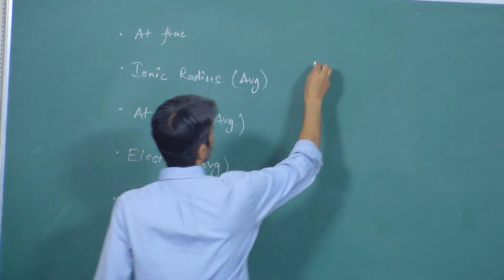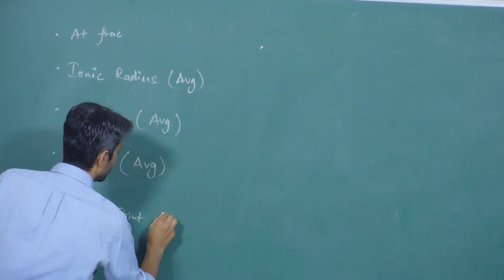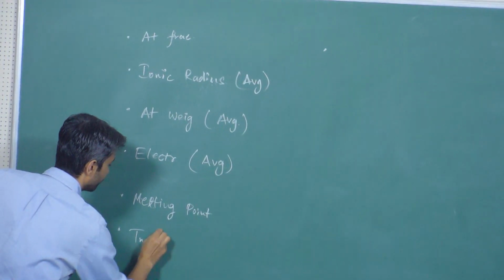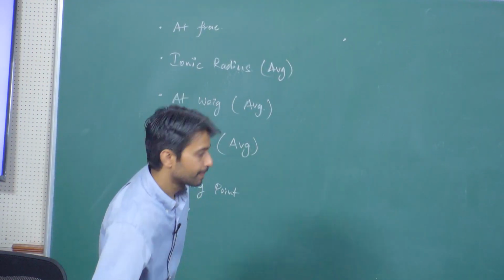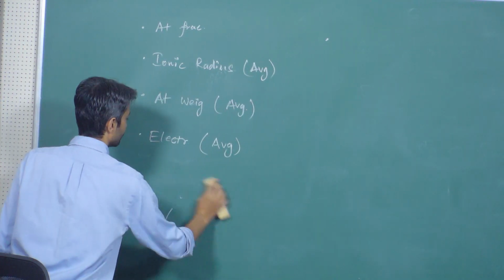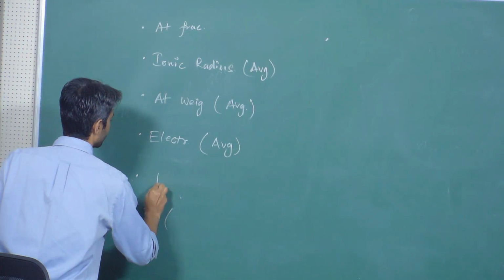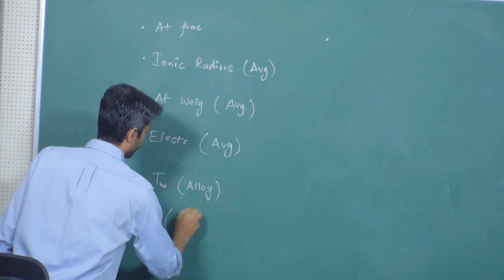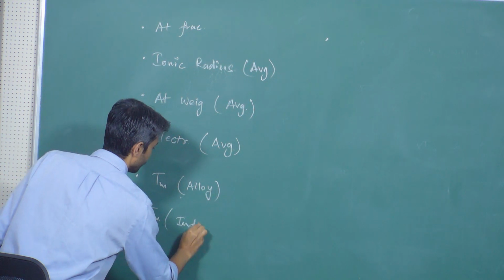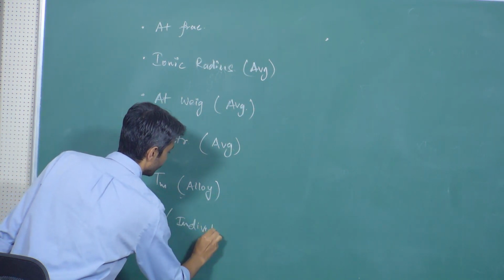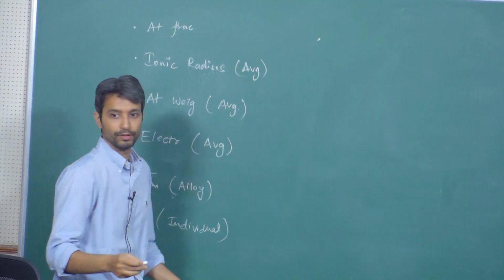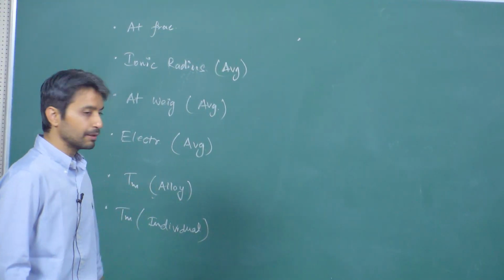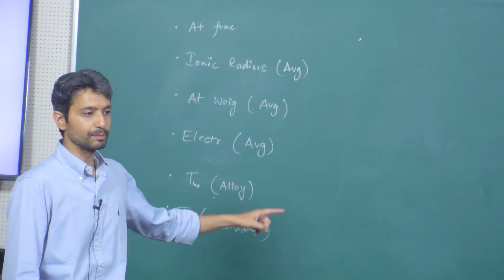So let me write two things, melting point of alloy and then individual. Okay, both I have written. Which one do you think will be better at estimating?